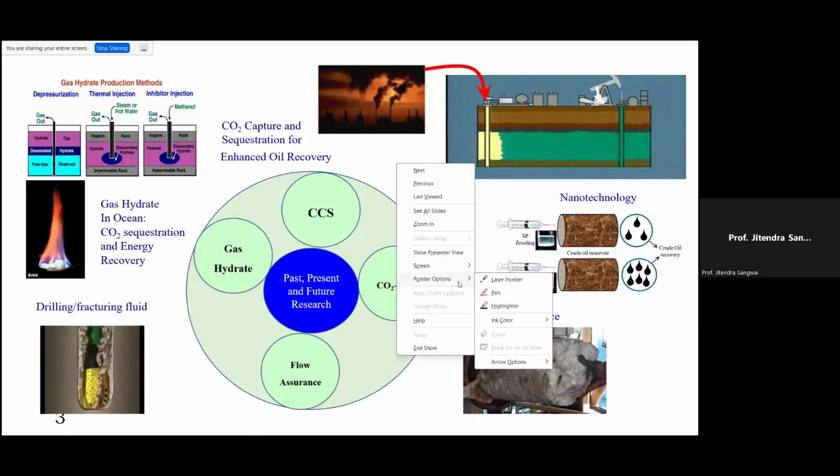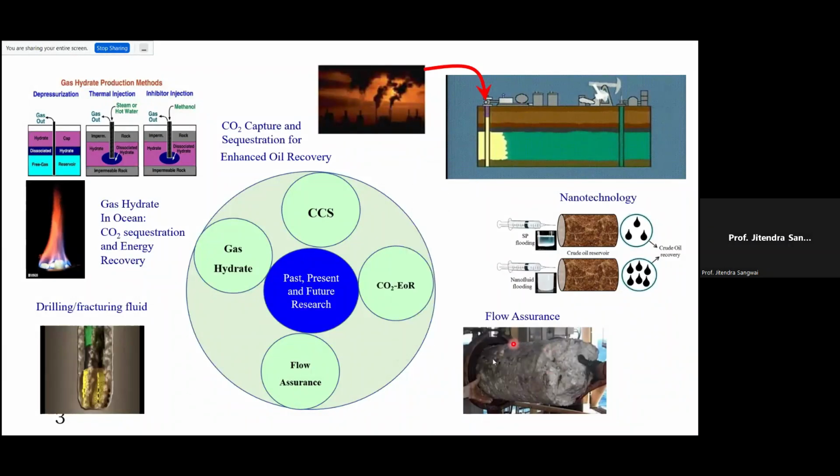We have also worked on issues like wax deposition and asphaltene deposition in the pipeline. One of our goals was also to recover oil from the subsurface reservoir using enhanced oil recovery methods, so we have been working on the use of nanoparticles or nanofluids for injection into the reservoir so that we can recover more oil.